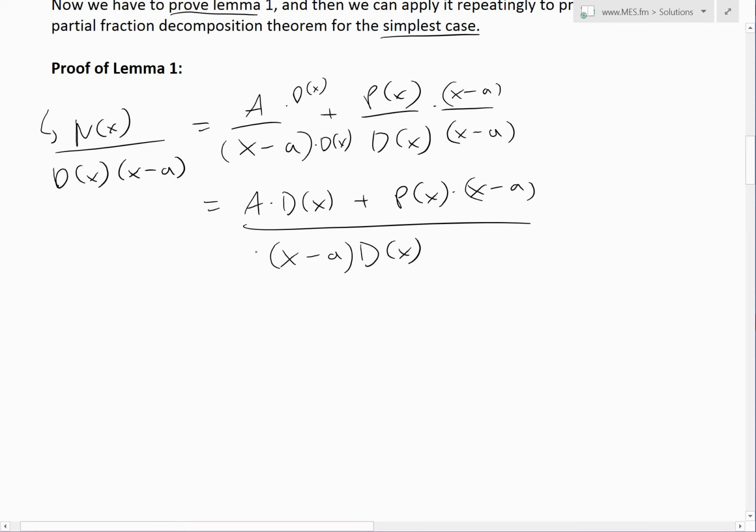So those are the exact same denominators, which means the numerators have to be equal: n of x equals a times d of x plus p of x times x minus a.